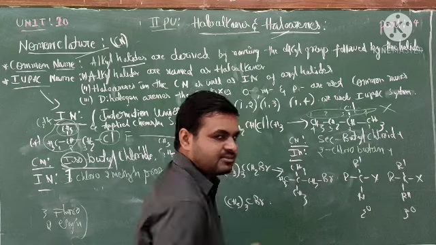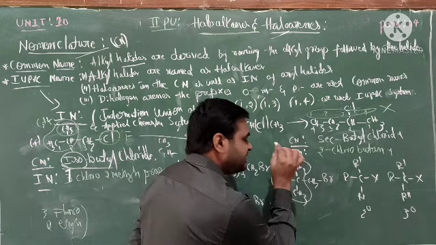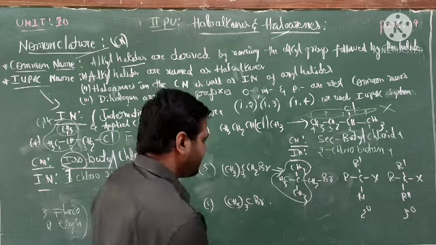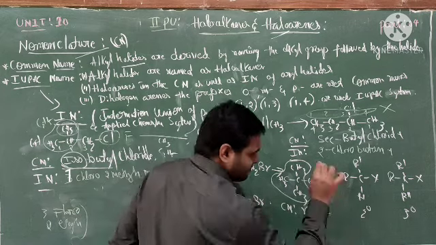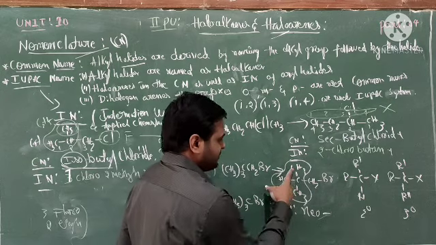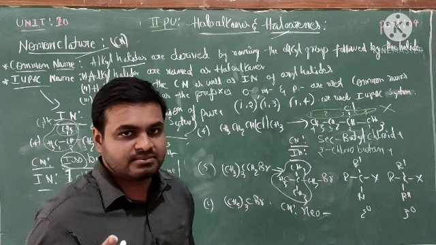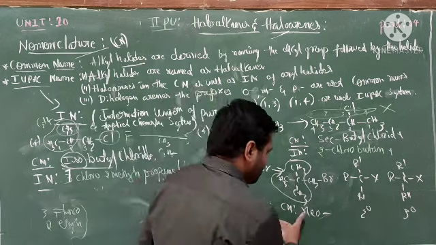But the carbon atom present with 3 methyl groups, 3 branches, is called what? Neo. Okay. 1, 2, 3, 4.